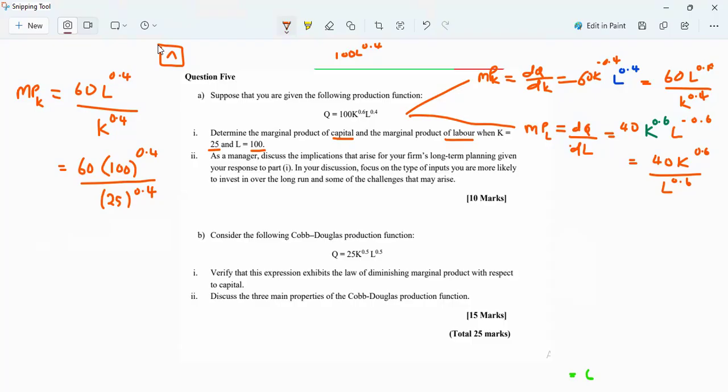Let me confirm that 100 to the power 0.4, what is it? 6.309. I'm also using my smartphone. Redo it. 6.309.